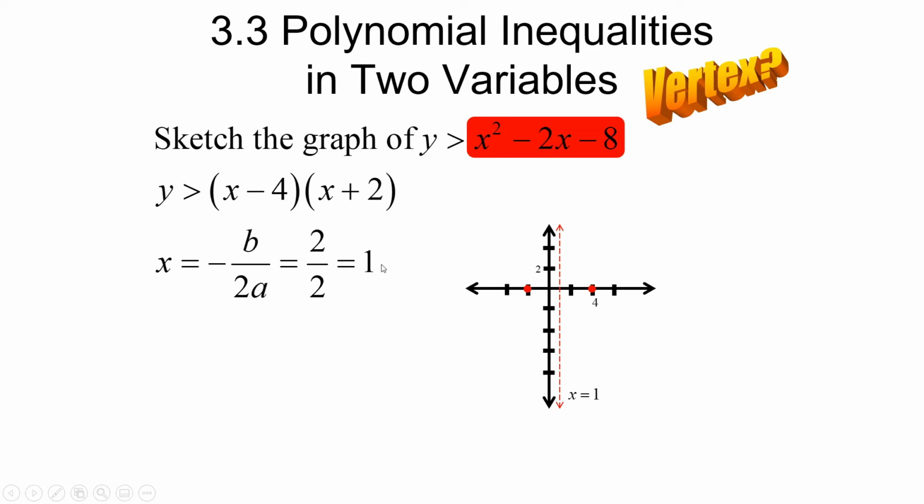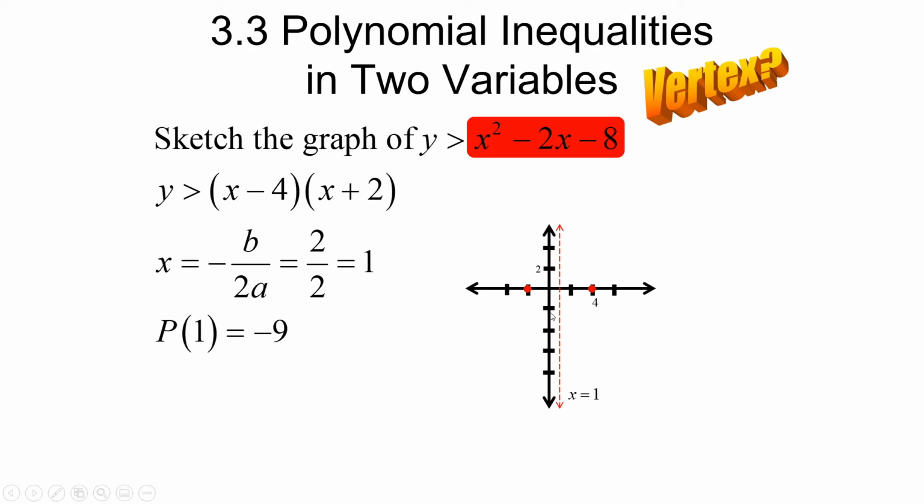Now you need the y coordinate of the vertex. You know the vertex exists on the axis, but where is it? Well, let's just do direct substitution. p of 1 equals, using the factored form, 1 minus 4, that's negative 3, and 1 plus 2 is 3. Negative 3 times 3 is negative 9.